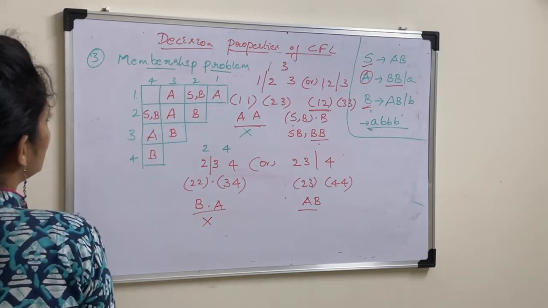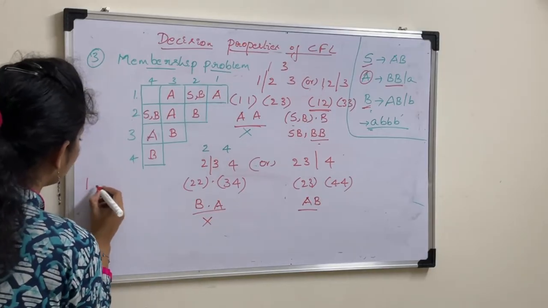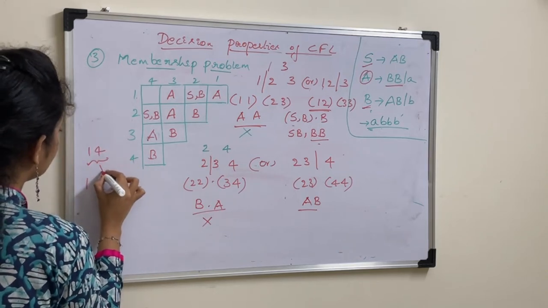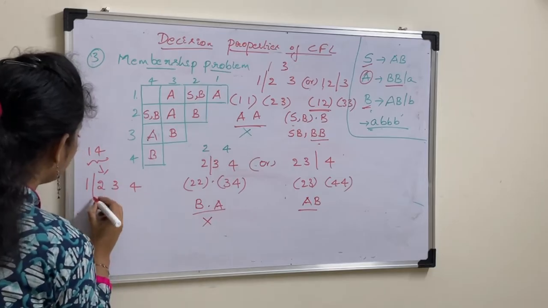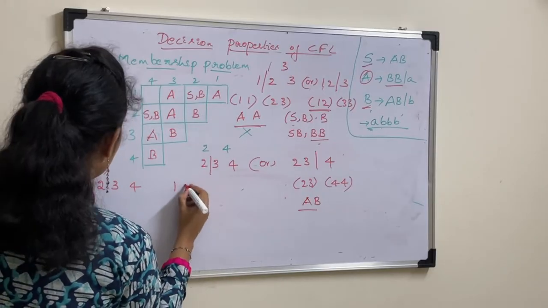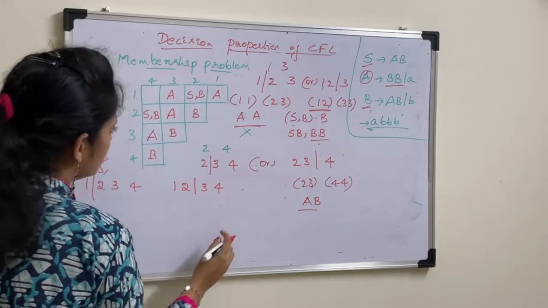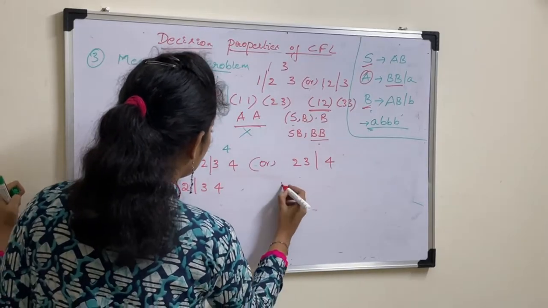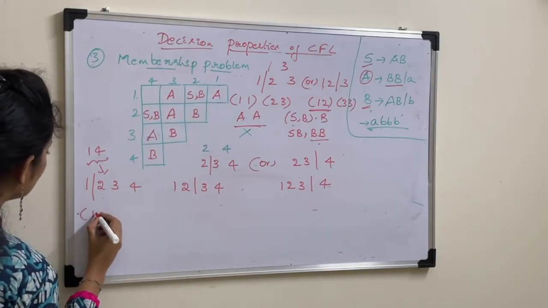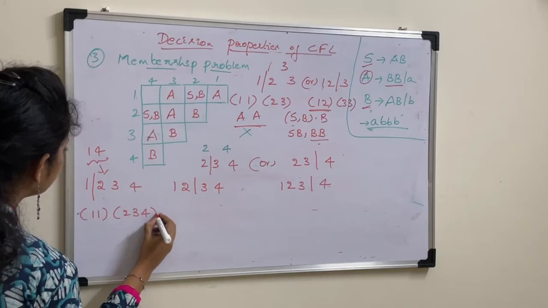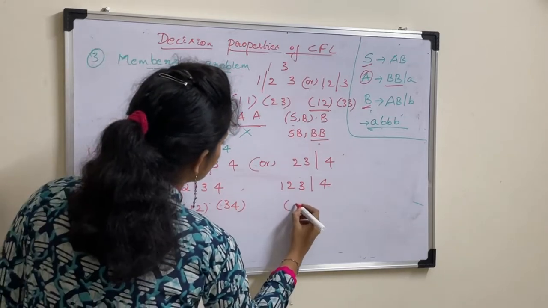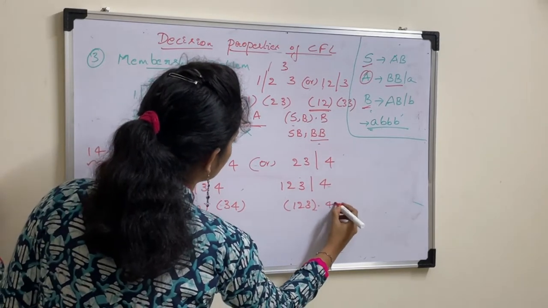Now we are left with only the 4 length string, 1 4. 1 4 can be divided into 1 1 dot 2 4, or 1 2 dot 3 4, or 1 3 dot 4 4.